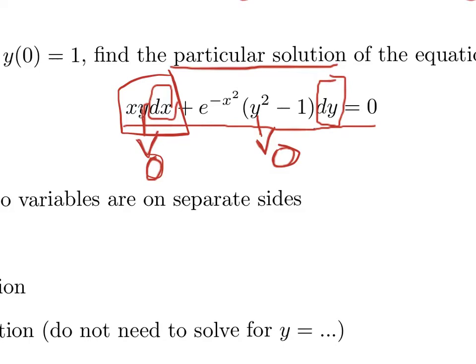You would get negative 1 times this times dy. I don't see this. Why is y 0? I'm going to go back and look at that. That doesn't quite make sense to me.